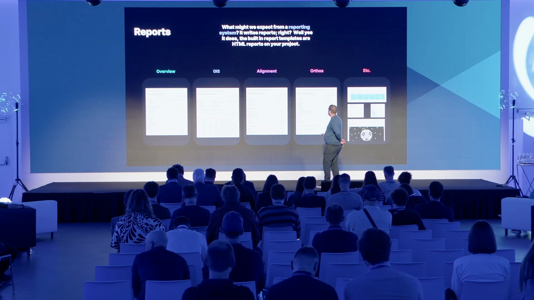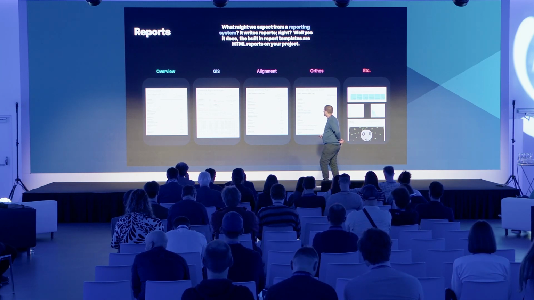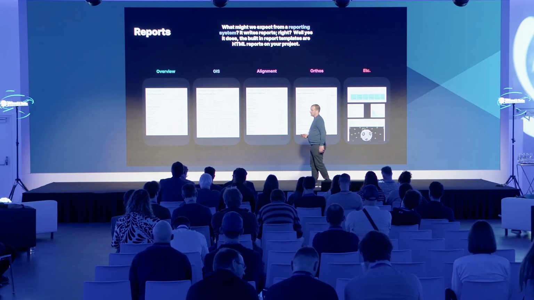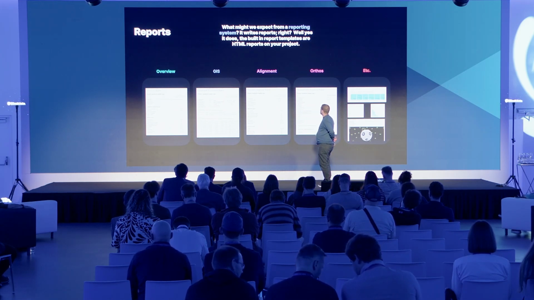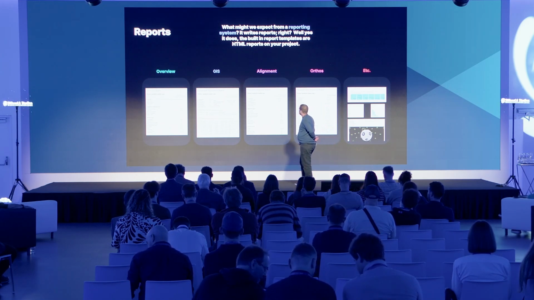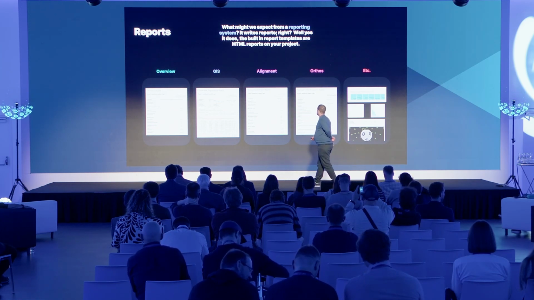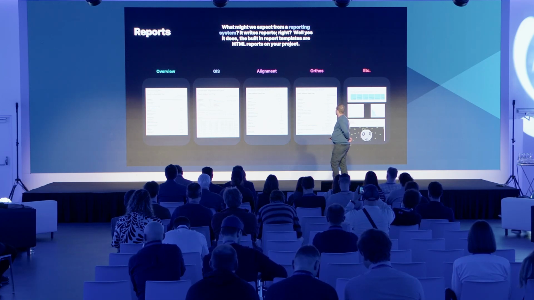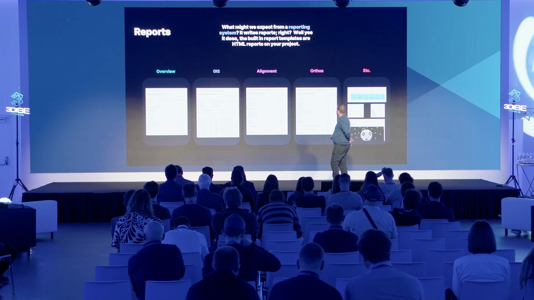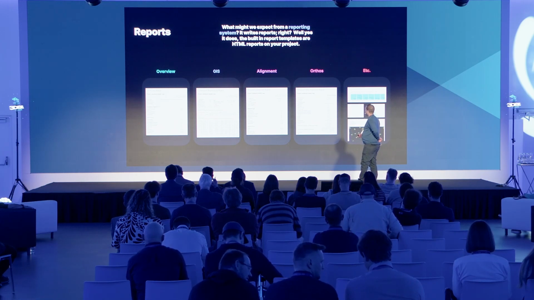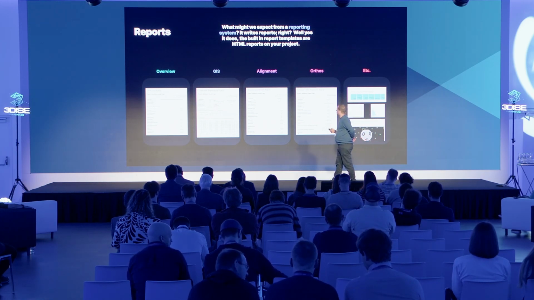So what might we expect from a reporting system? These are the built-in reports in RealityCapture, and you might have used them before. This is what you would expect from a reporting system. You can get reports on various things: an overview of your project, some GIS information about your component, some information about the alignment and orthos, and various other stuff.